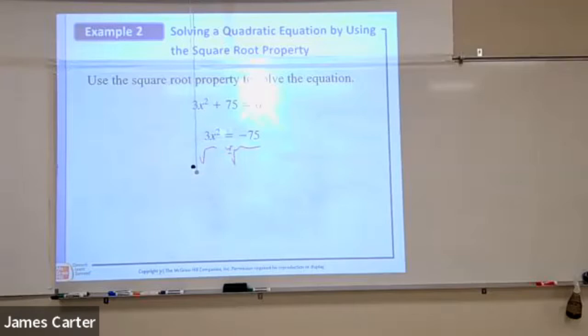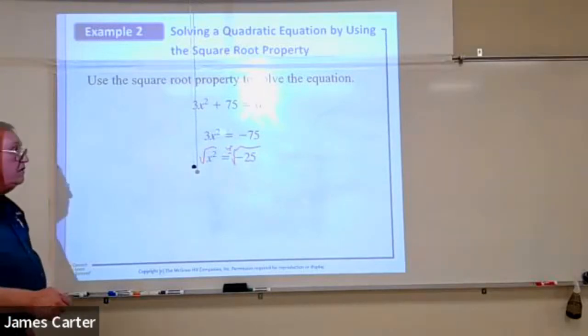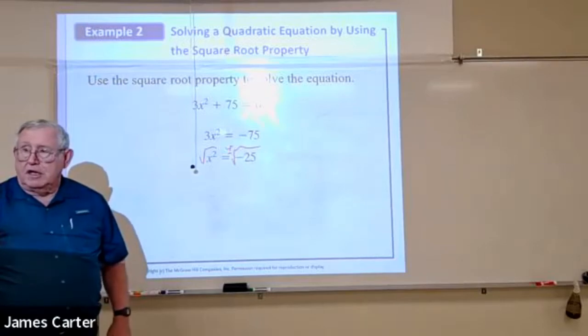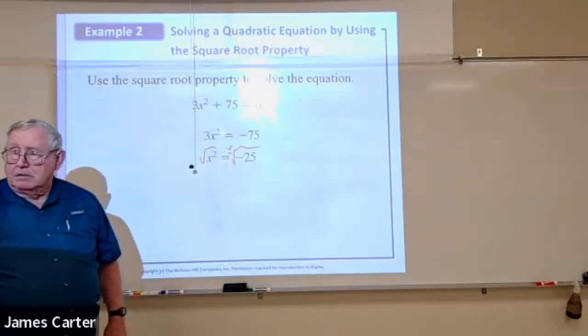So I'm going to divide both sides of this by 3. 3 goes into this 1 time, 3 goes into that 25 times. 3 times 25 is 75. But once again, I have a negative radical. So I'm going to get an imaginary again.